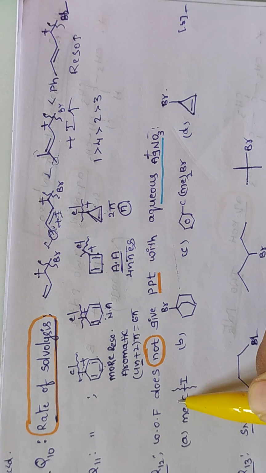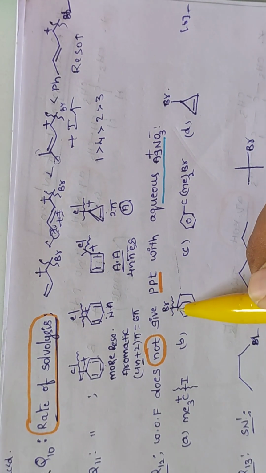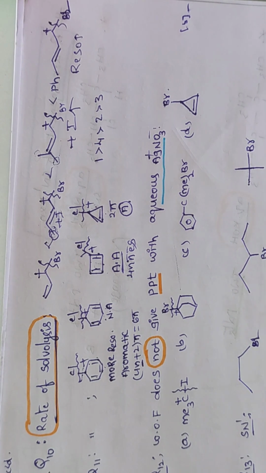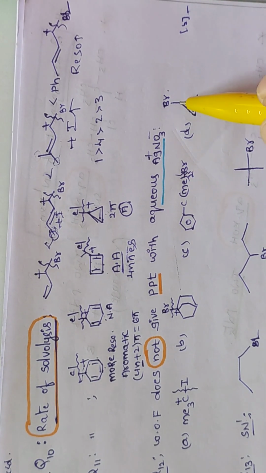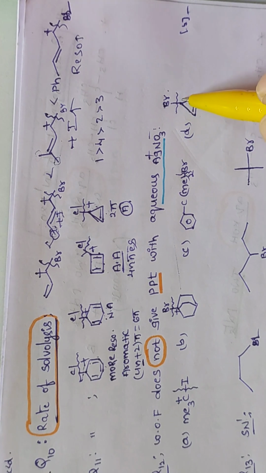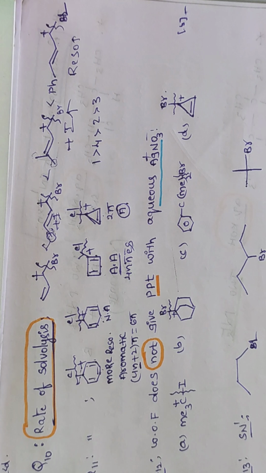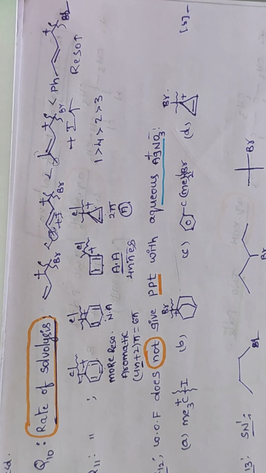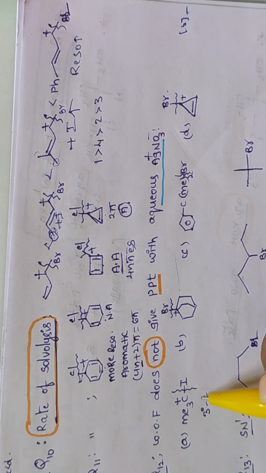Then you break the carbon halogen bond and arrange the carbocation, and do the same for each of the next compounds. After arrangement of the carbocation, which is the more stable carbocation? Now this is a 3 degree carbocation.